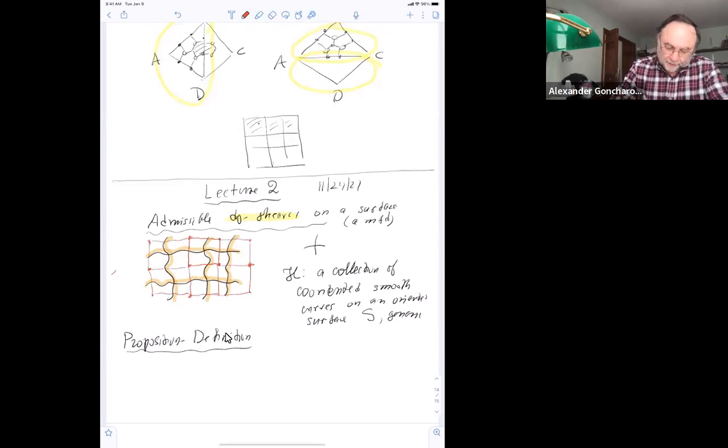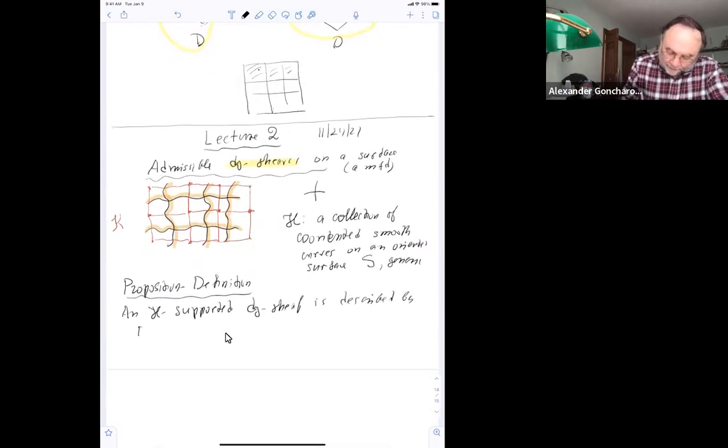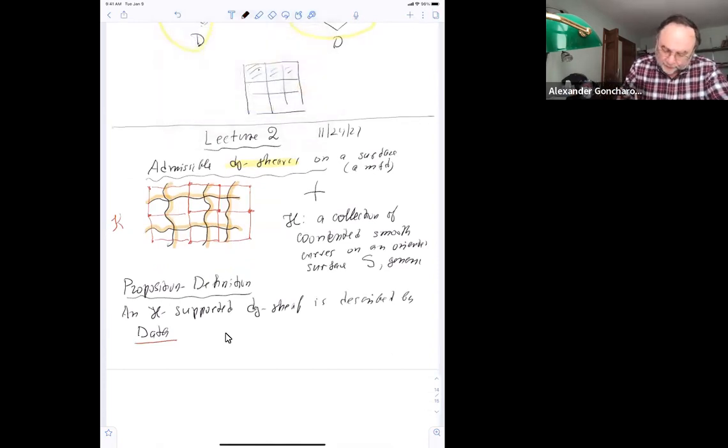I call it K cubical. And then the claim or the definition is that an H-supported DG sheaf is described by the following simple data. The data is the following.